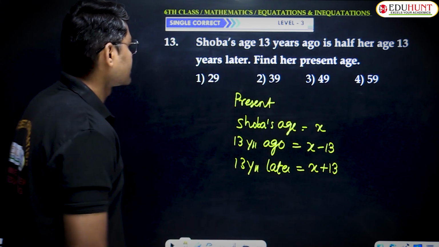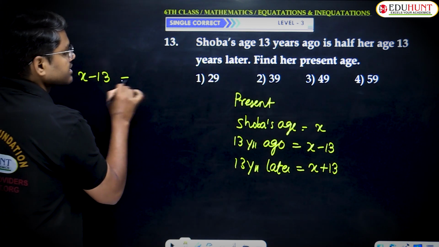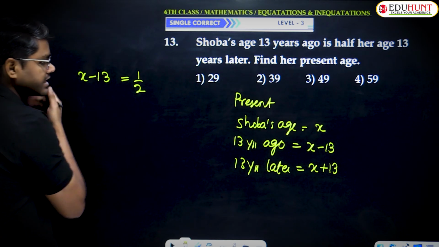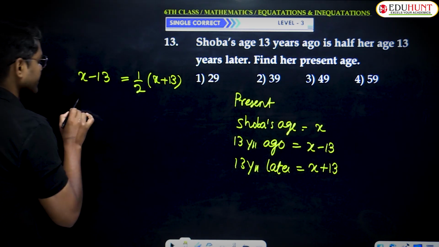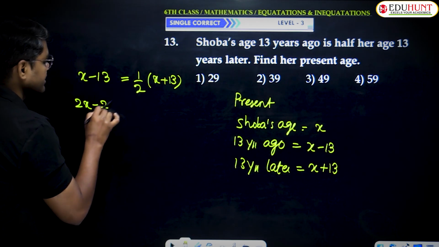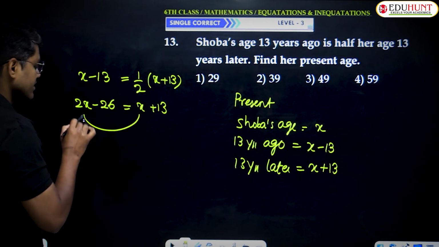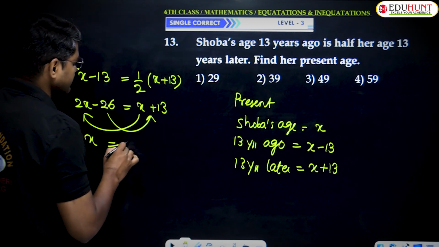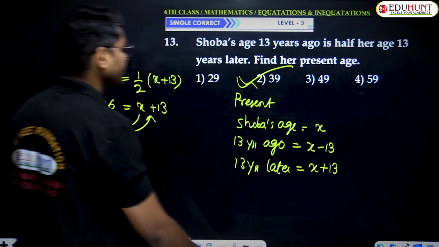Now, read the condition. 13 years ago, that means x minus 13 is half her age 13 years later, x plus 13. 2x minus 26 is equal to x plus 13. So, this becomes x, this becomes 13 plus 26, 39. So, that is option 2 is the correct answer for this question.